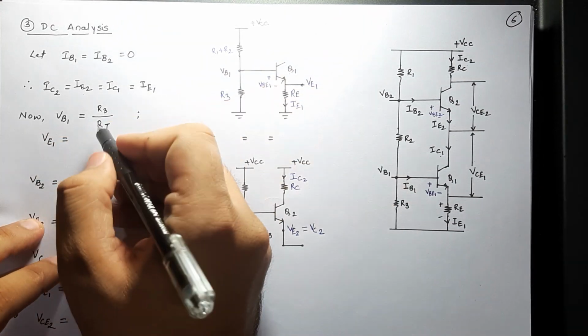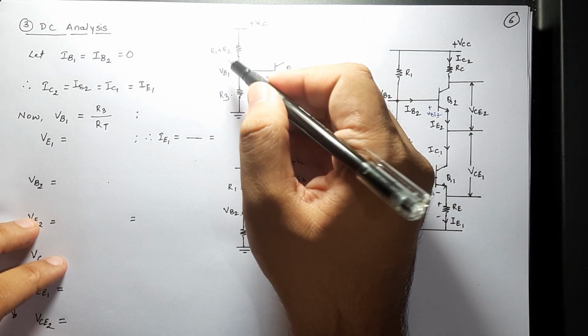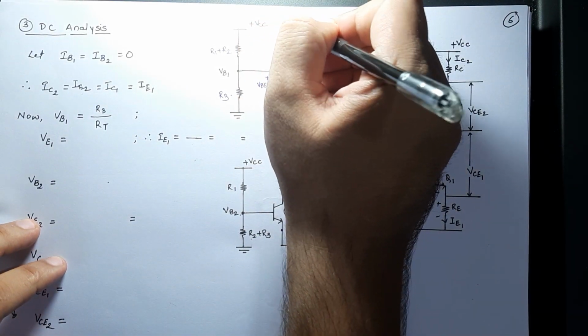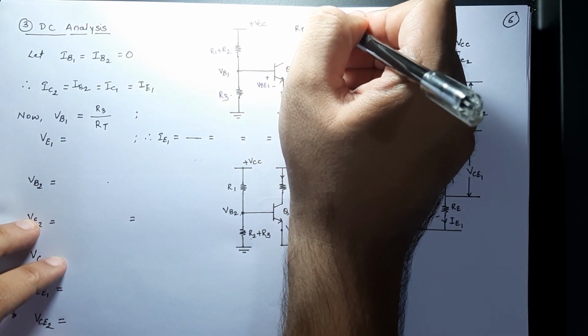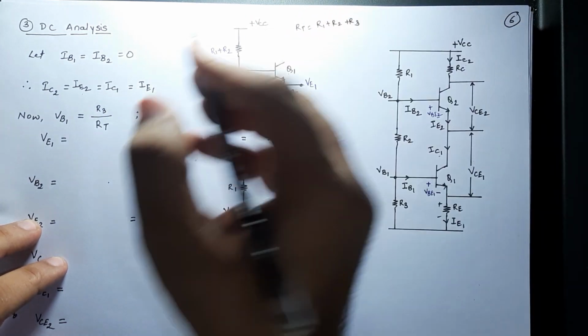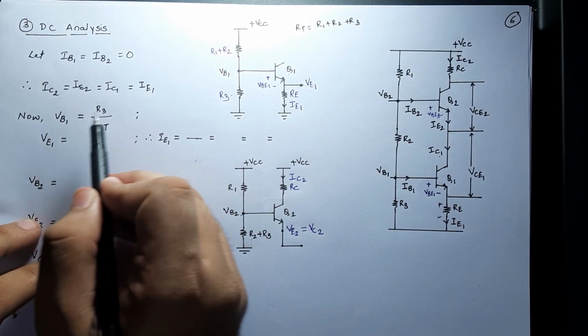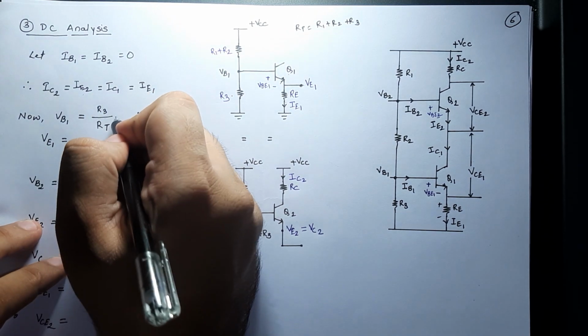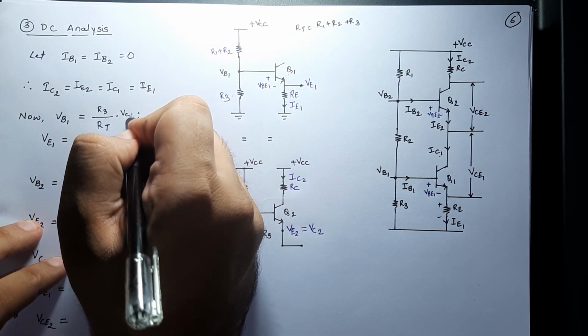I am writing the combination of R1 plus R2 plus R3 as RT. In order to write down the formula for VB1, we write it as R3 upon R3 plus R1 plus R2, which is RT, into VCC.